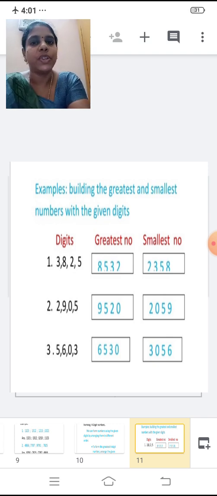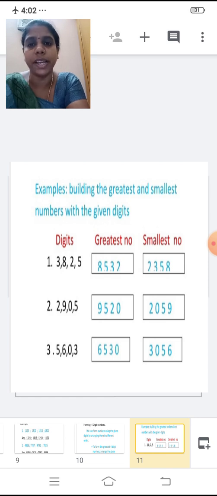First one is 3, 8, 2, 5. Let me repeat. First sum is 3, 8, 2, 5. Now tell me, what is the greatest number that you can form with the given digits? How will you form the greatest number? We have to arrange the digits in the descending order from bigger number to smaller number.